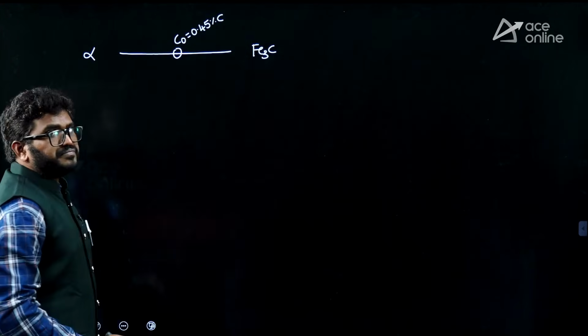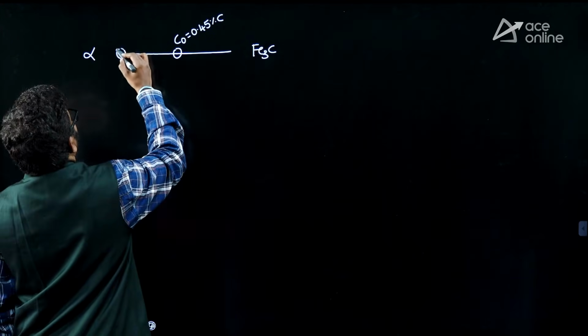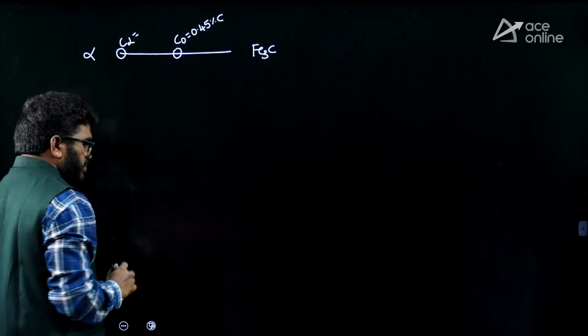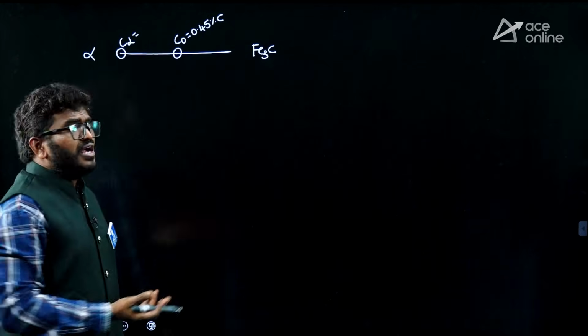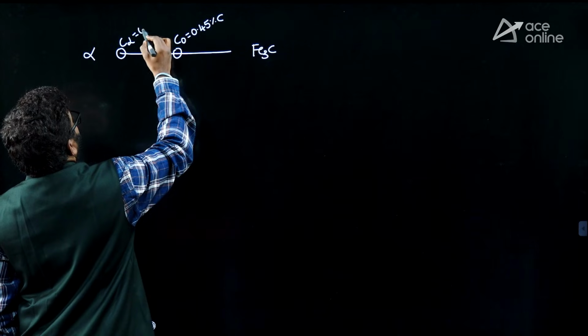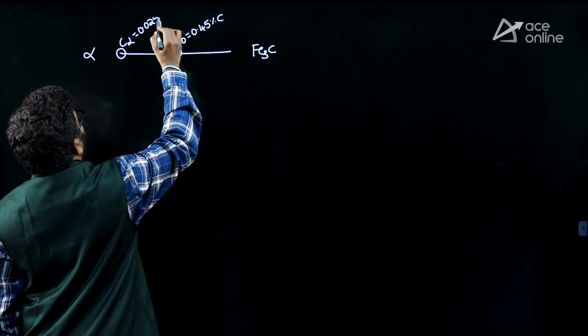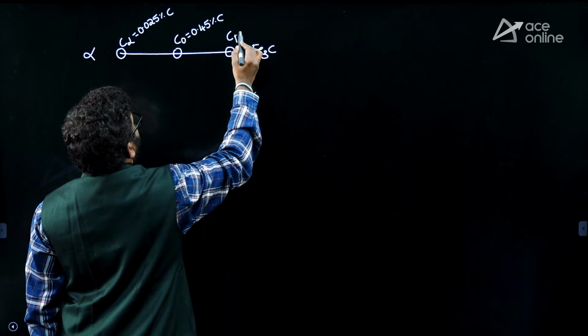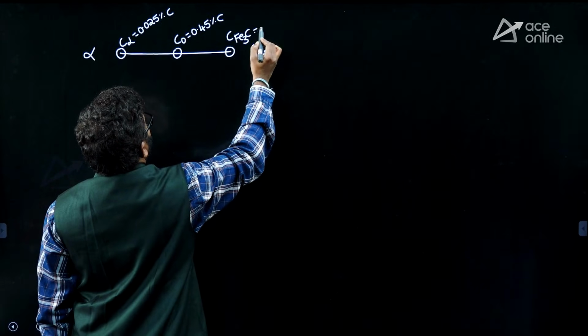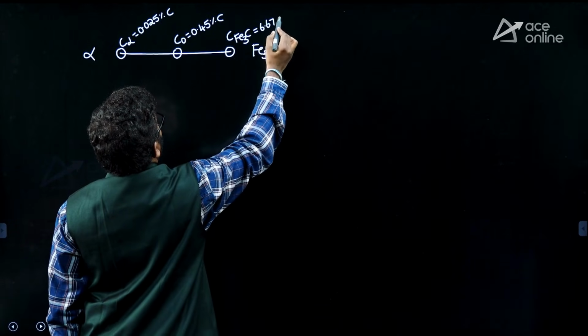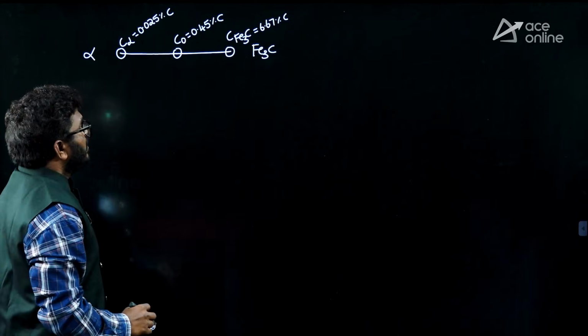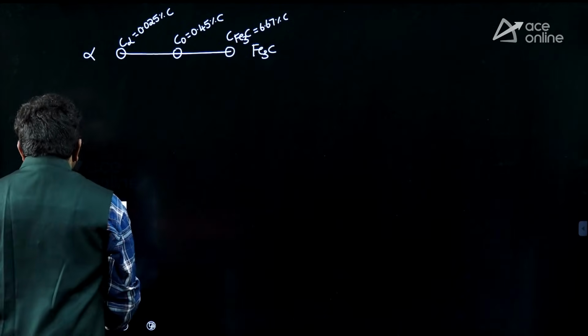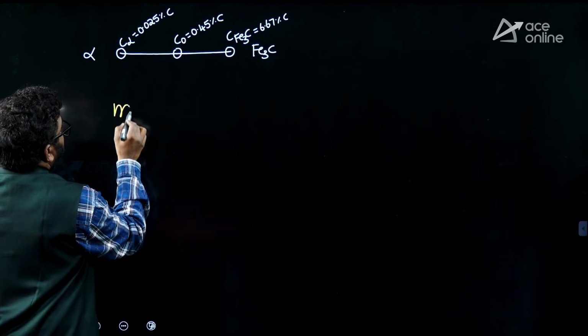Now C naught is given, 0.45% of carbon. In the question paper, don't worry, they will give you the diagram, otherwise they will give this value. I'll take C alpha as 0.025% of carbon. C cementite is 6.67% of carbon. Now I want to get the mass fraction of alpha.